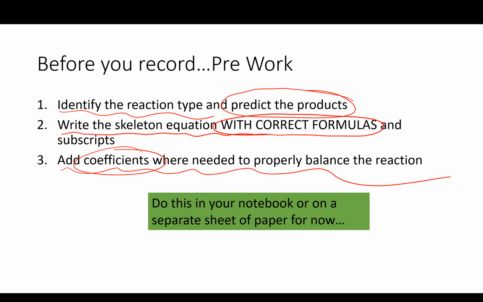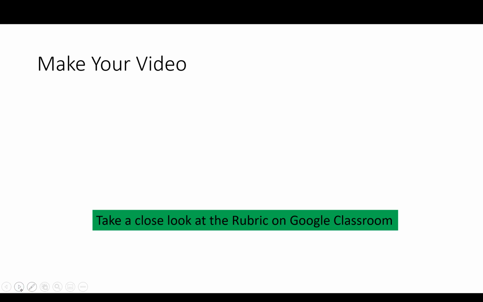Show me your two reactions, how you figured out how to write them correctly, and how you figured out how to balance them correctly. Once you've got the correctly written formulas with their subscripts, and you've added coefficients to balance everything, then you will make your video.